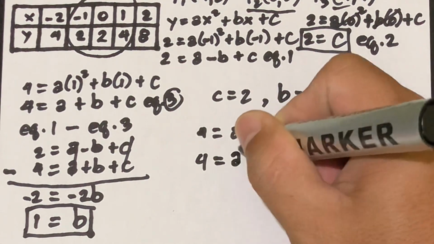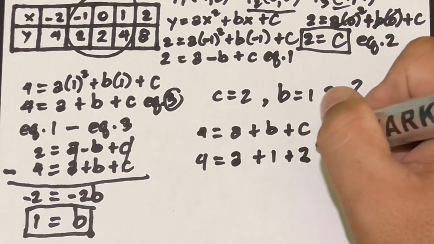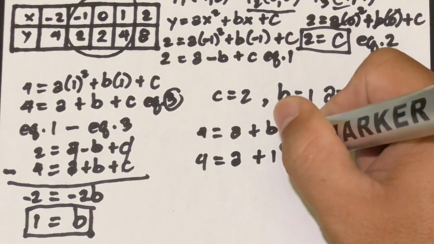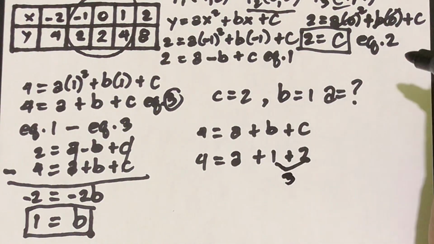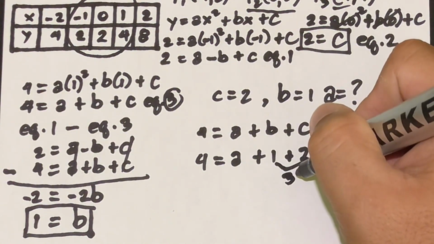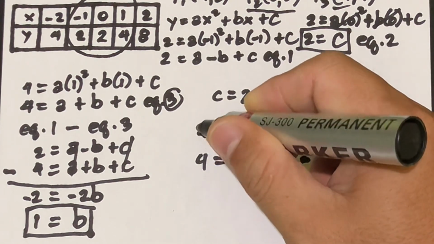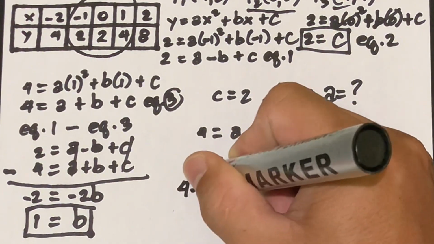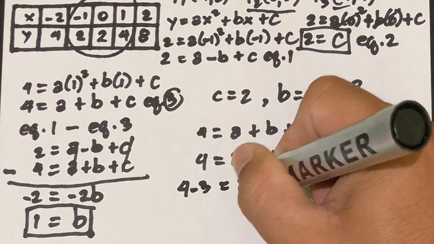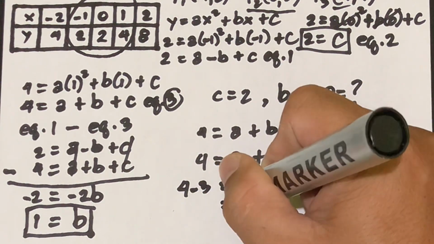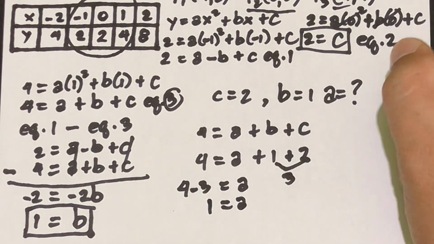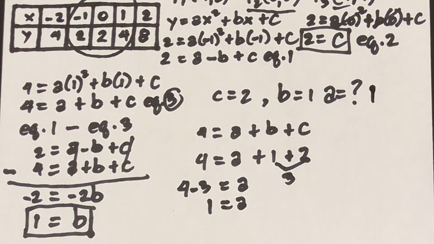So we're going to have 4 equals a plus 1 plus 2. 1 plus 2 is 3. Then transpose this to the left side, it will become 4 minus 3 equals a, and 4 minus 3 equals 1. So a is equal to 1.